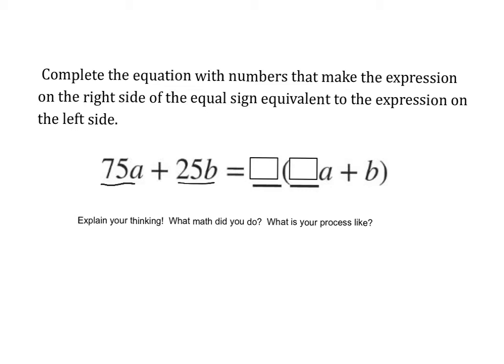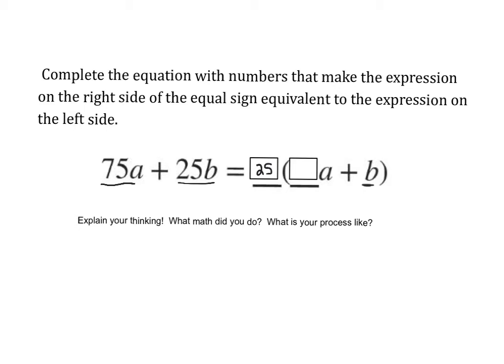But if we pull out 5, then if we multiplied 5 by b, we would only have 5b. We want 25b. So the fact that there was just a single b right there is a clue of what your multiplier is going to be, and that multiplier is going to be 25.